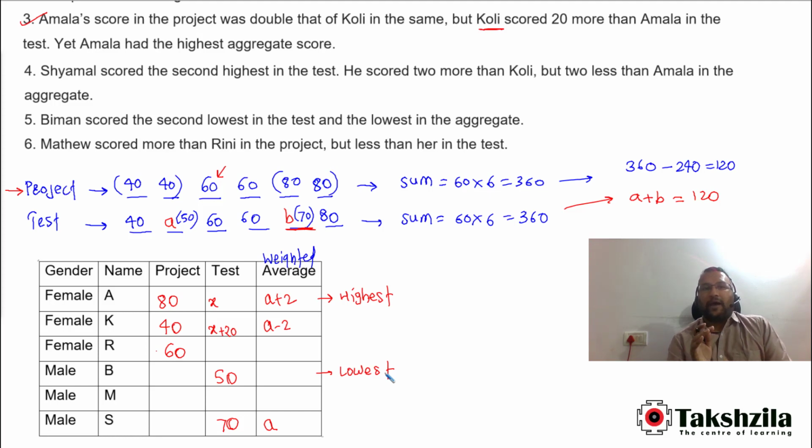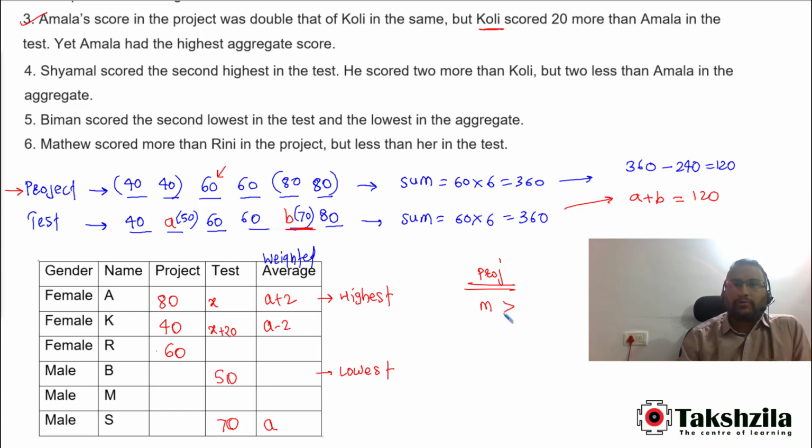It is given that Matthew scored more than Rini in the project. Let's have a look at it. If Matthew scores 80, Rini is going to score 60 or 40.